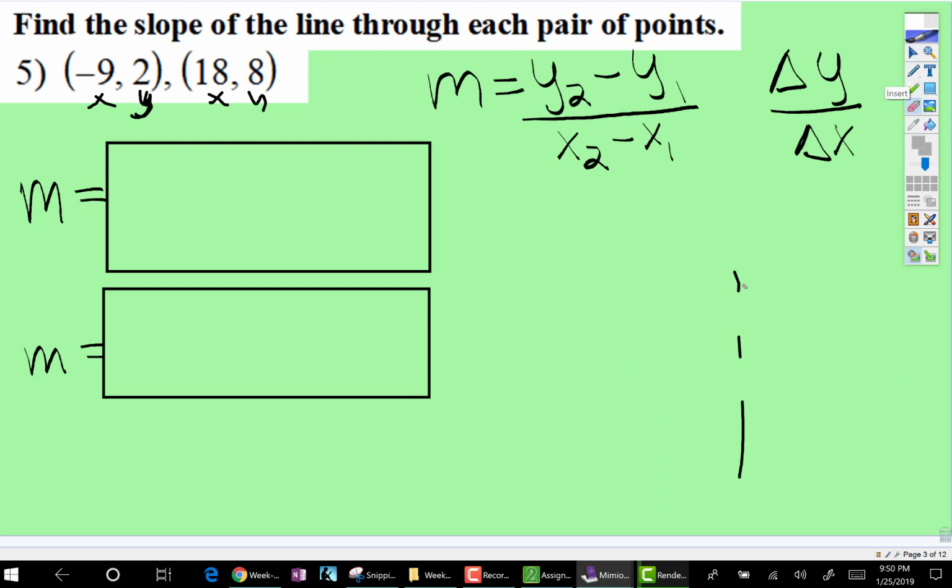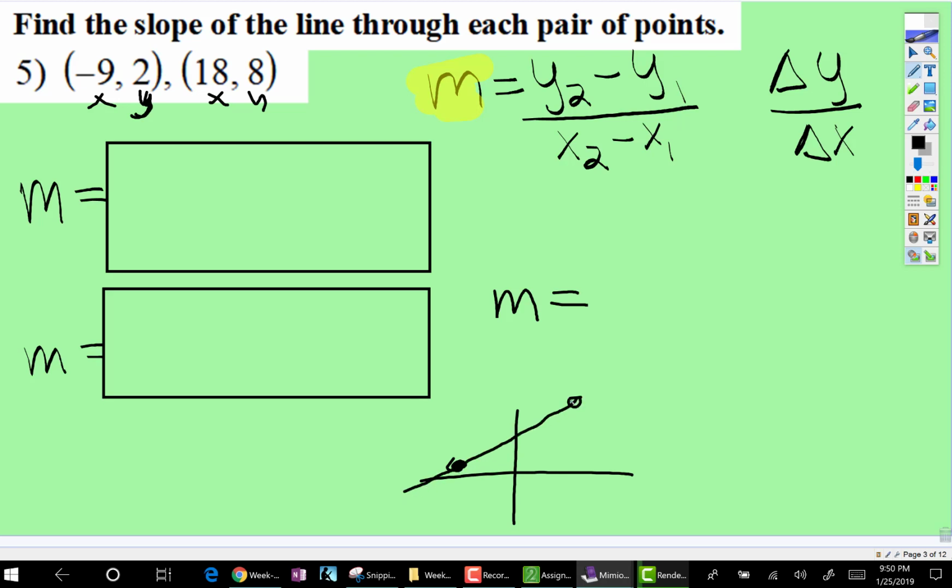Well, if you don't have a graph handy, there is a formula method. What the formula method tells you is you take the second Y. So let's say normally if you have a line that looks like this, this point is XY. I'm going to call that X1, Y1.